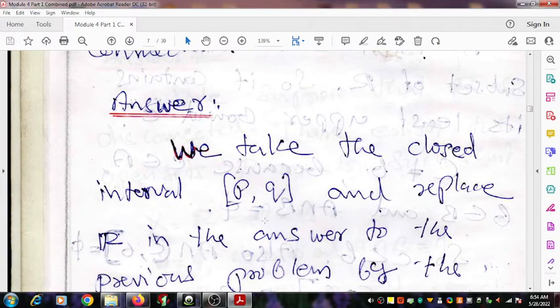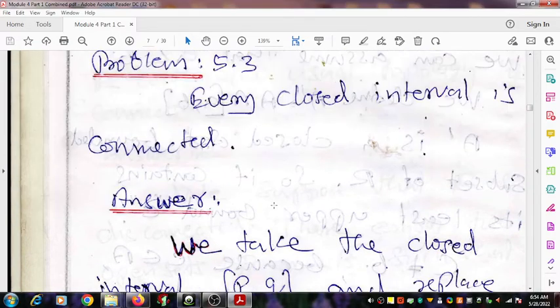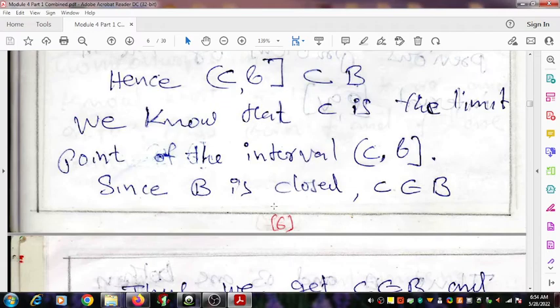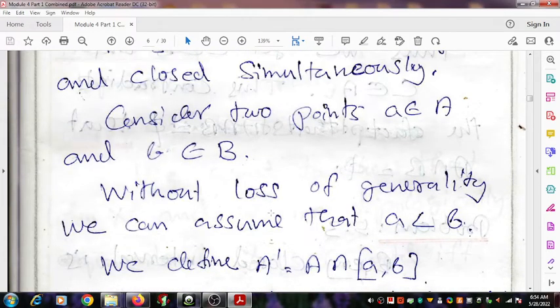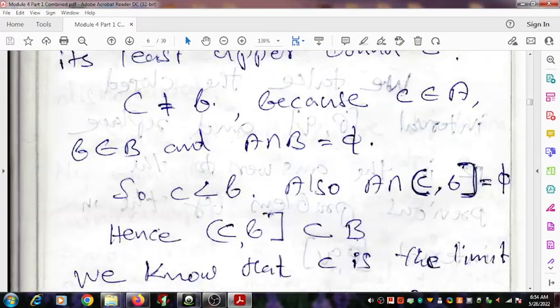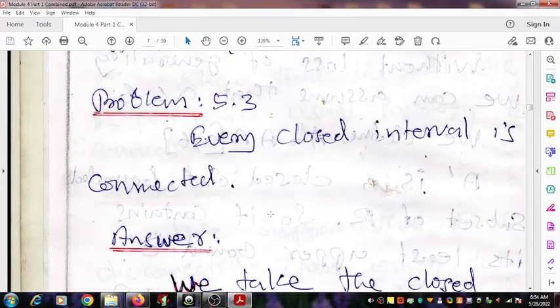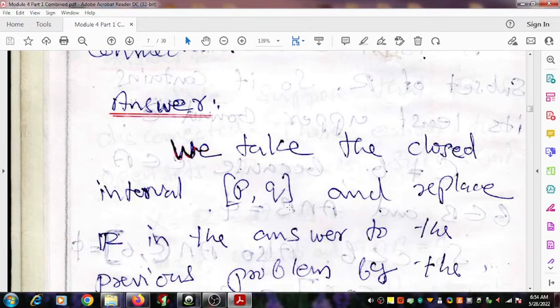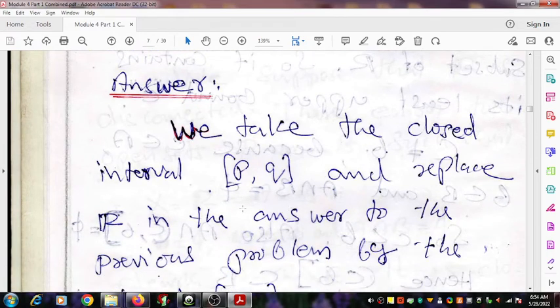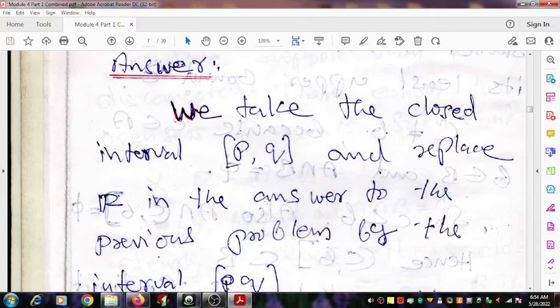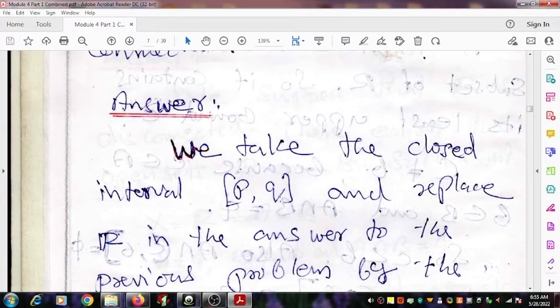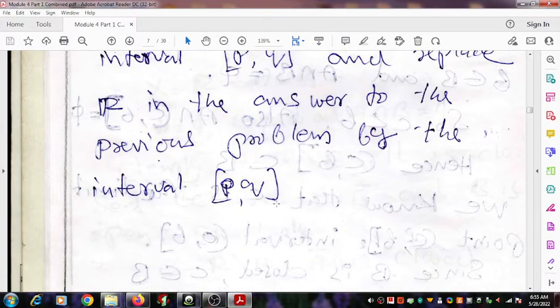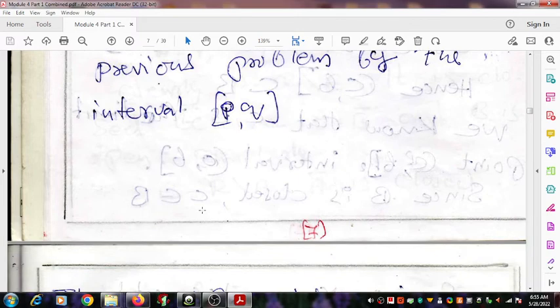We take all the steps of the proof in the previous problem and replace R by the closed interval [p,q]. Just by replacing R by [p,q], we can obtain the proof easily. And that's the way of writing the proof of the problem.